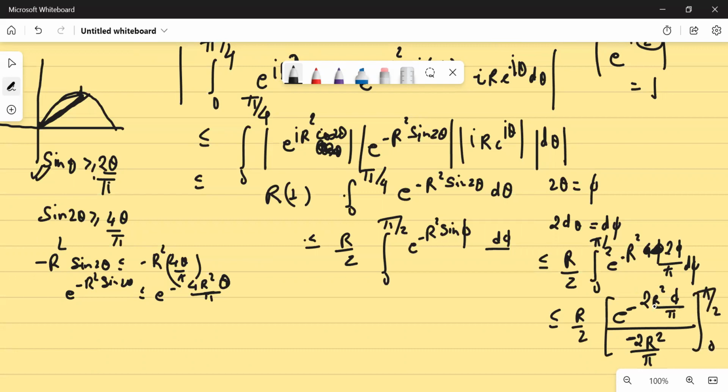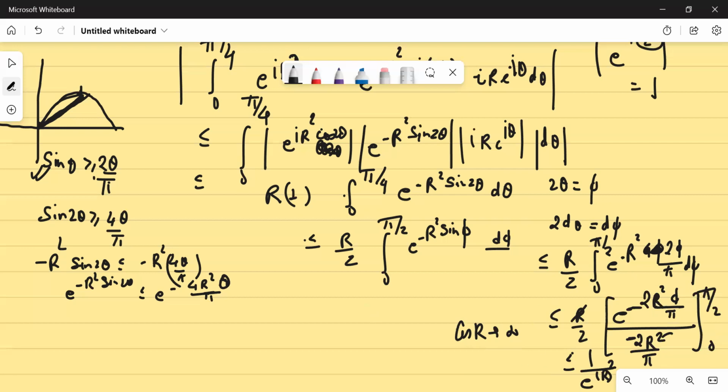I'm not bothered about these limits. Understand my point that as r tends to infinity, this r gets cancelled. You have some terms in the denominator because of e raised to power minus something. Eventually you will get some e raised to power something, and this is some expression in r square. As r tends to infinity, this entire thing would become 0.